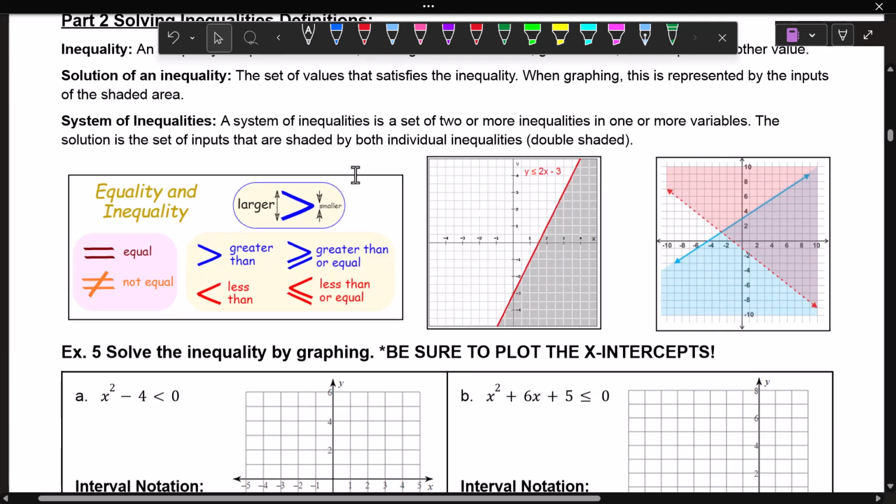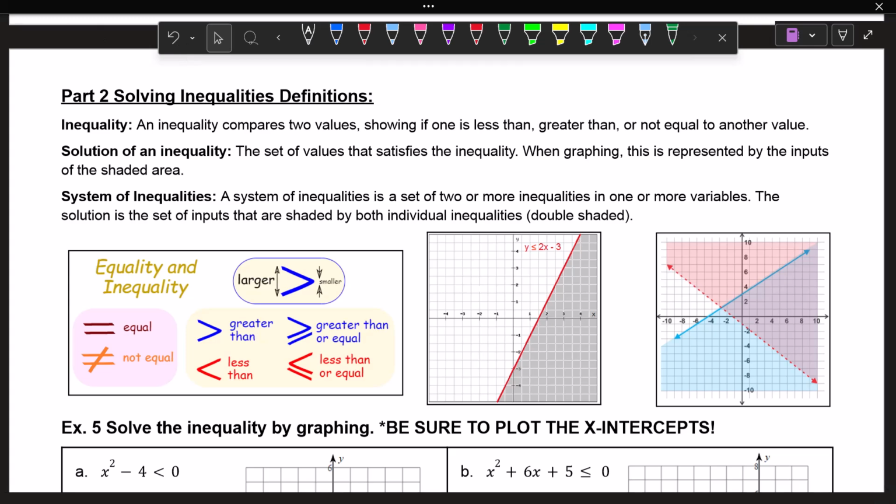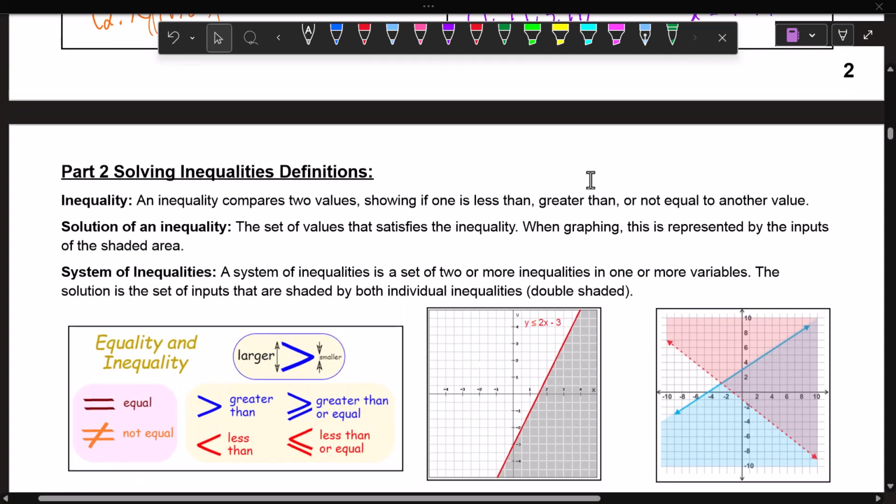Now, our inequalities, same type of thing. So to finish this up, we'll talk about inequalities. An inequality compares two values, showing if one's less, greater, or not equal to the other value. The solution of an inequality is a set of values that satisfies the inequality. So it's the shading part.